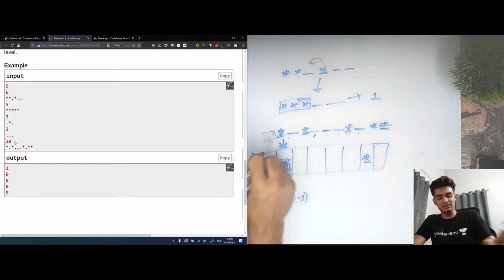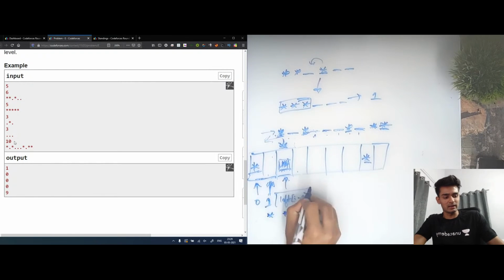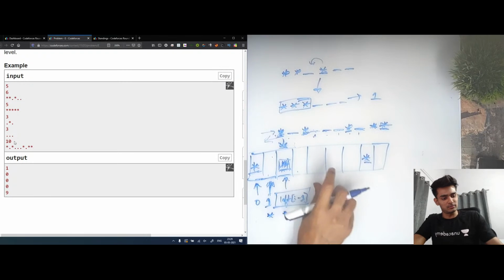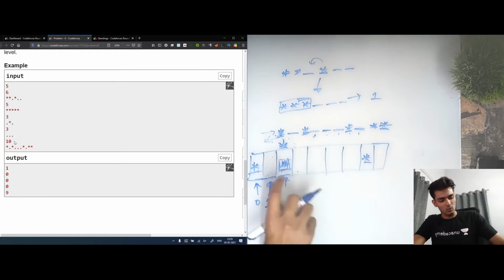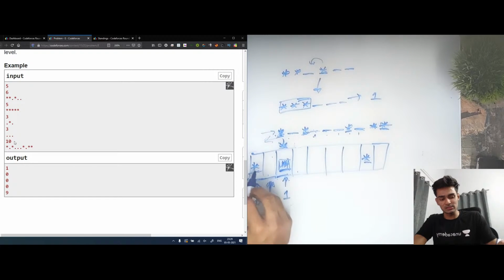The previous index needs to cover all the sheeps on its left direction, and that is already calculated in left of I minus 1. Left of I minus 1 is 1, so we can just write 1 here, which tells us that we keep this sheep here only and we just move the other sheep to the right by 1 step.